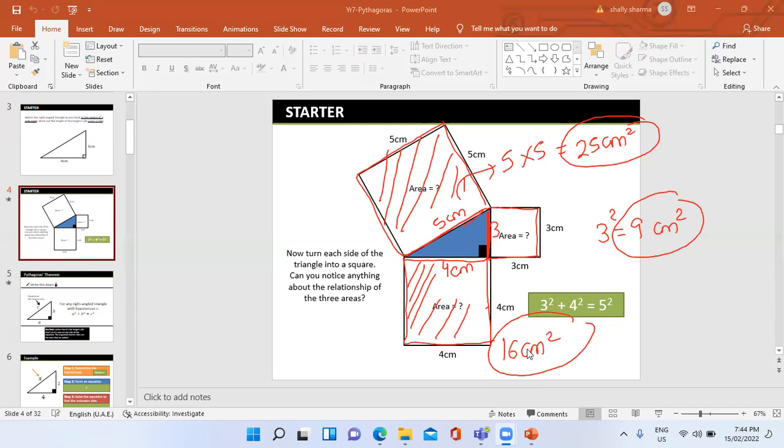If I add these 2 smaller numbers, 9 and 16, which is equivalent to 3 square plus 4 square, I am going to get 25, which is 5 square. And this is the Pythagoras theorem.